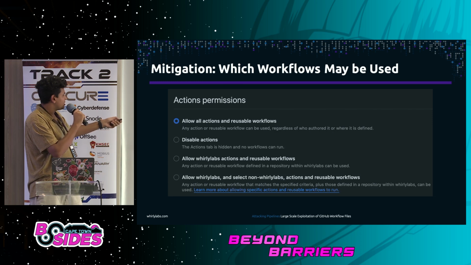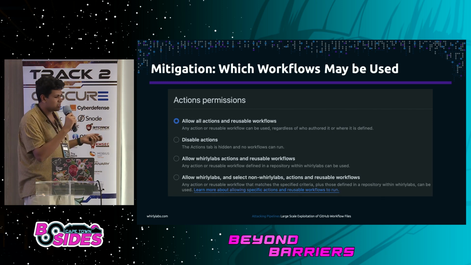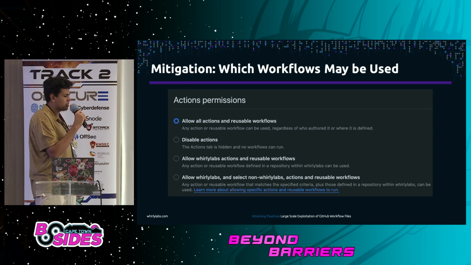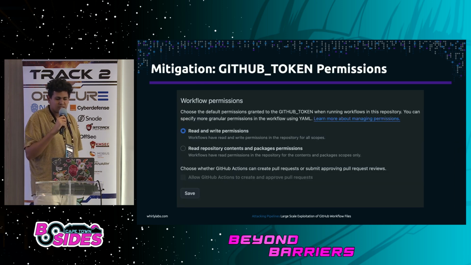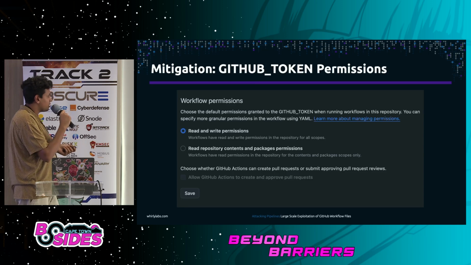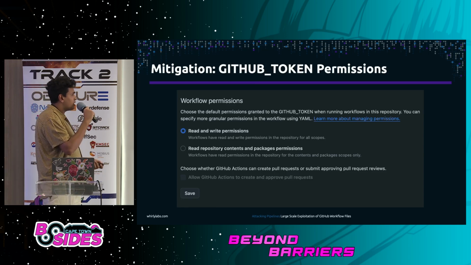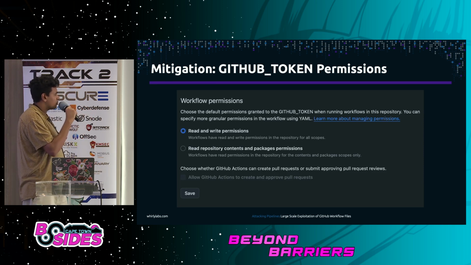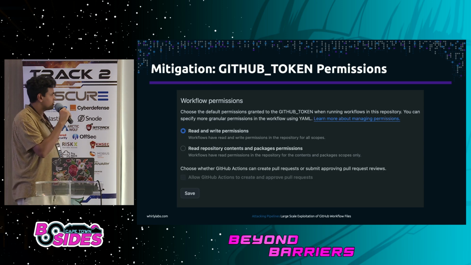The disable actions option shows that even if somebody accidentally makes a push in the repo and says, hey, I'm going to create an action, whoever owns the repo can say, no, you can't. And for workflow permissions, as I said just now, by default now the GitHub token that's created when the workflow runs only has read permissions, but before 2022, the default used to be read and write permissions, which sounds extremely safe.